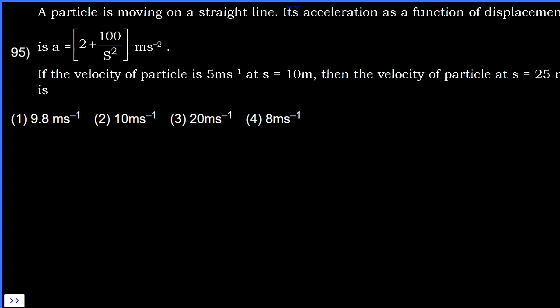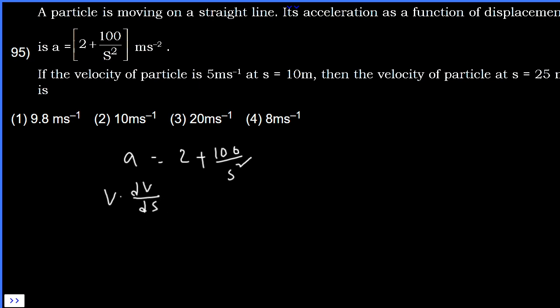In this equation, the given formula is acceleration a equal to 2 plus 100 by s square. Acceleration can be written as v into dv by ds, not ds by dt.